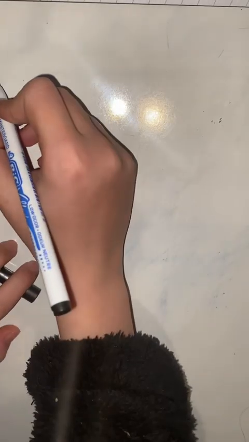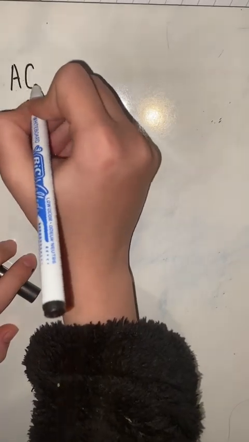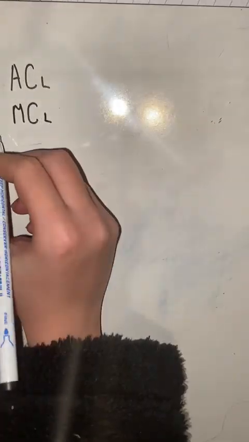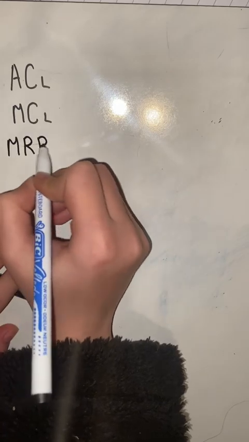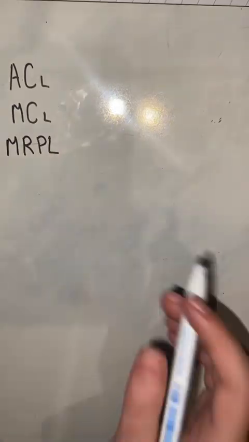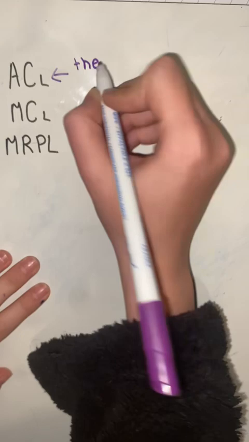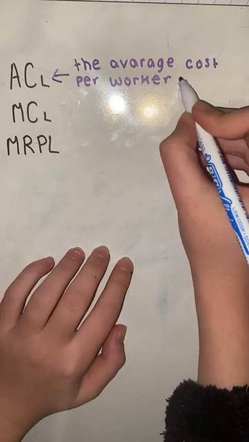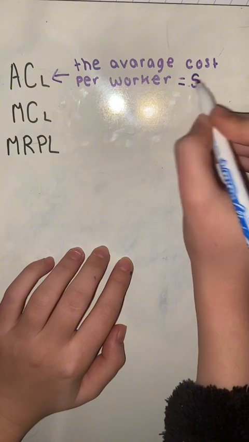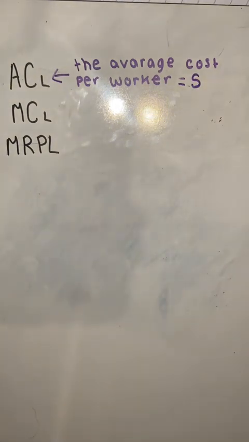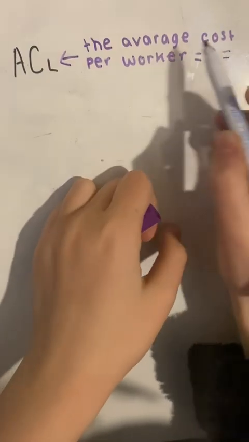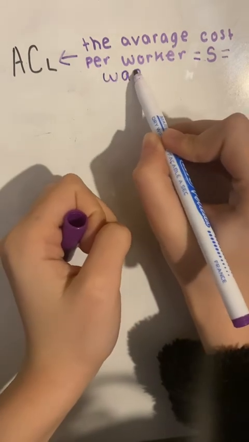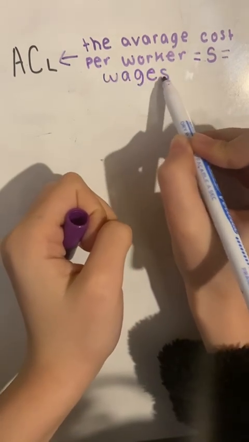So before we get to drawing the actual graph, we need to understand three key terms. This is the average cost of labour, the marginal cost of labour, and what is MRPL. So the average cost of labour refers to the average cost of each worker. On a normal supply and demand diagram, this would also equal your supply. Now, your average cost of labour is also equal to the worker's wages, and I'm going to explain why now.